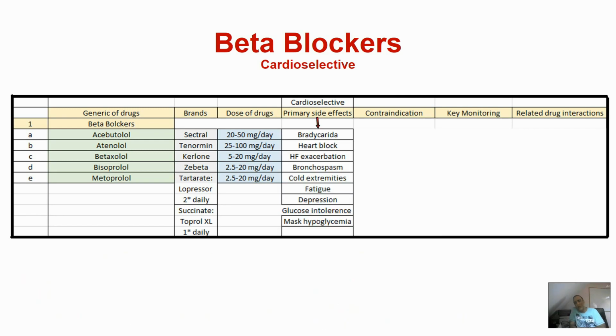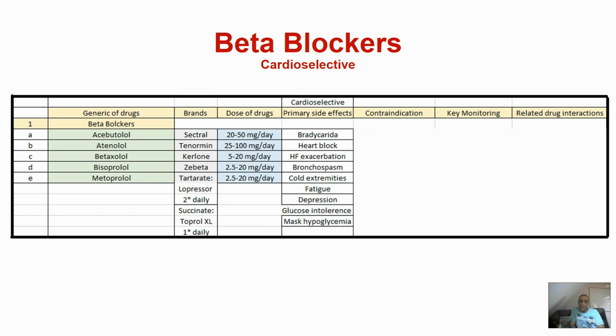The primary side effect is mainly bradycardia. As I mentioned, beta blockers reduce heart rate, and this drug can cause bradycardia and heart block, and it also affects heart failure disease. In this situation we have to take care with these groups, because in heart failure we have to be selective about the beta blocker, and we cannot use every beta blocker for heart failure.